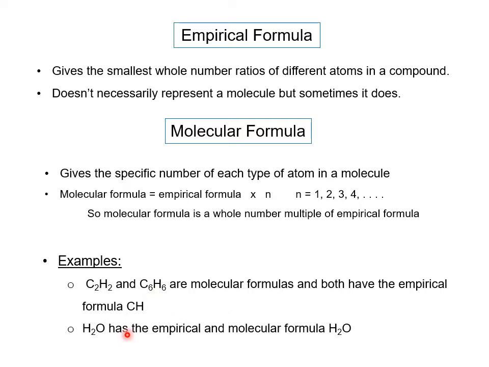Now, sometimes, like in the case of H2O, the molecular and empirical formulas are the same. So in this case, the empirical formula does actually represent the molecule, which is the molecular formula as well.